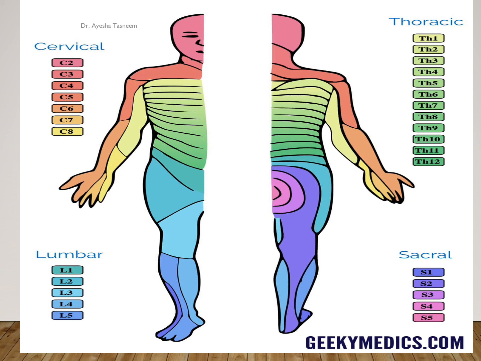Then the lumbar nerves supply the ventral portion of the trunk and limbs, while the sacral nerves supply the back of the lower limbs.